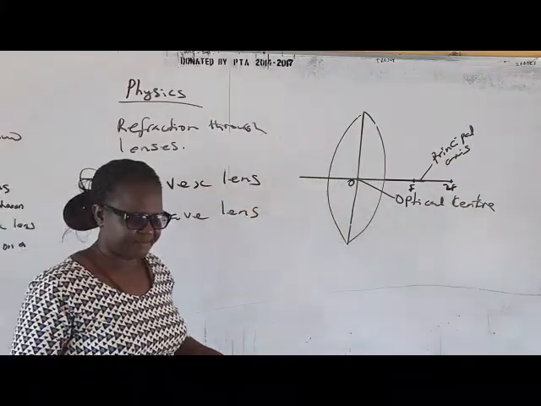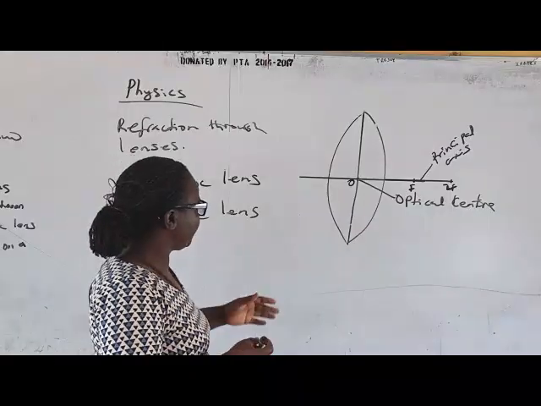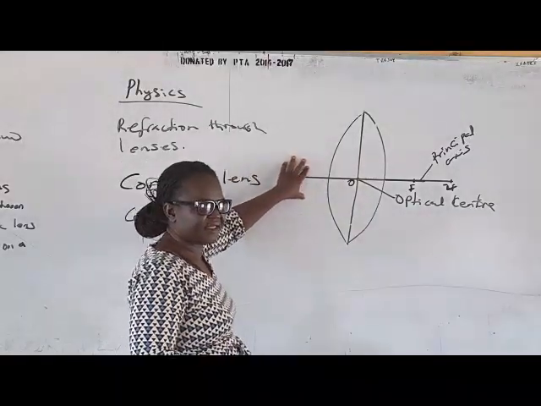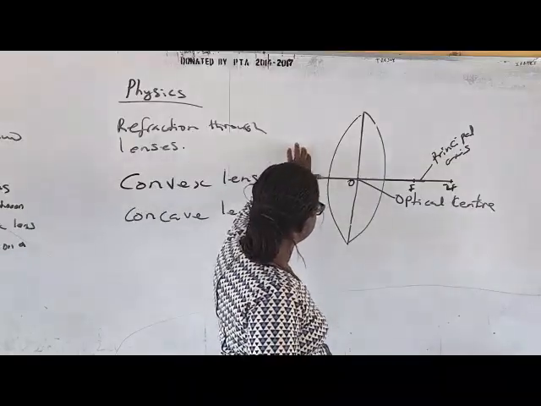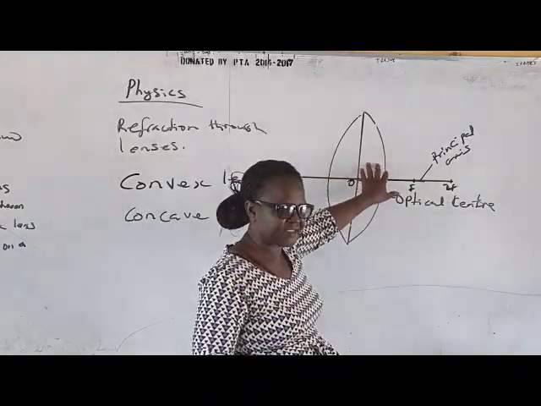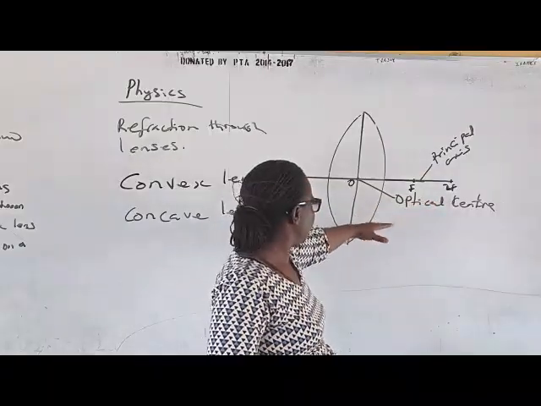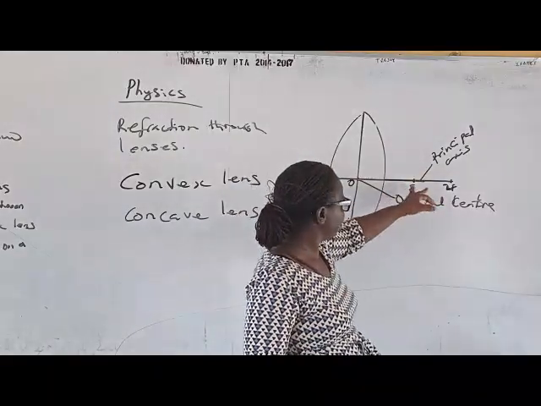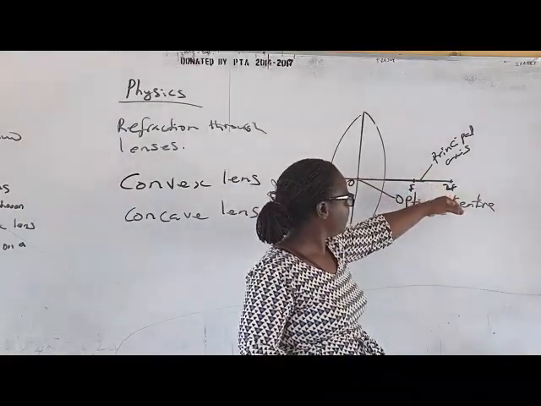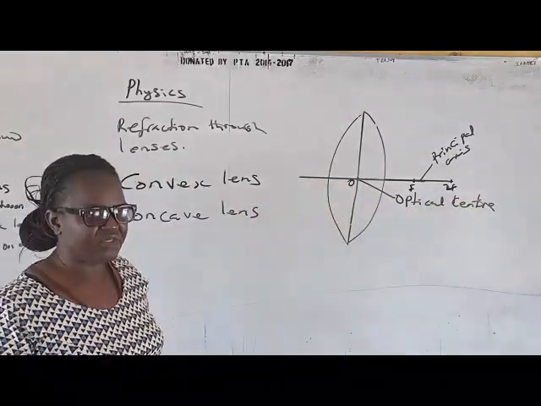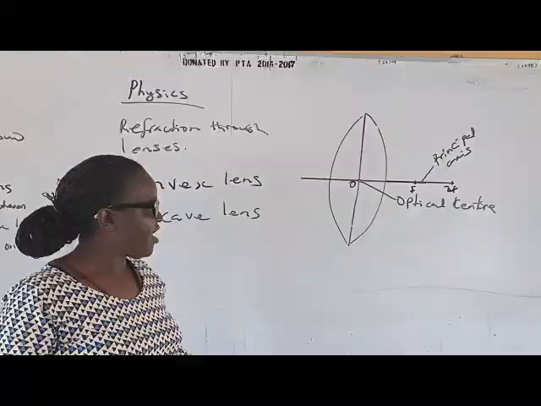So for instance, if I want to drop an object at this point on the lens, the light from the object is going to pass through the lens and the image will appear on the other side. The image can be at any point. It could be here, it could be at the principal focus, it could be here, it could be 2 times the principal focus, it could be behind or beyond the principal focus.